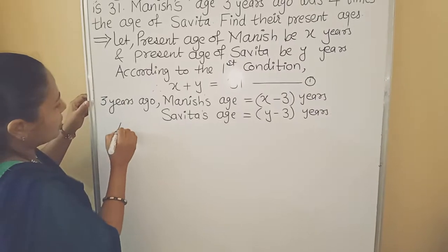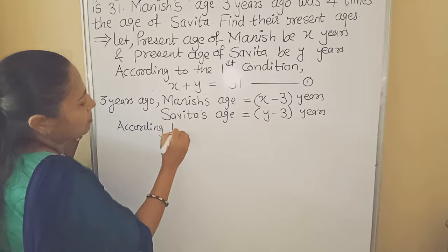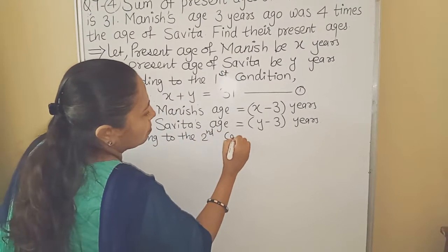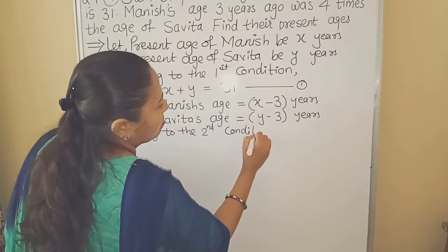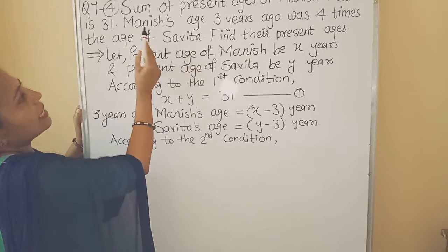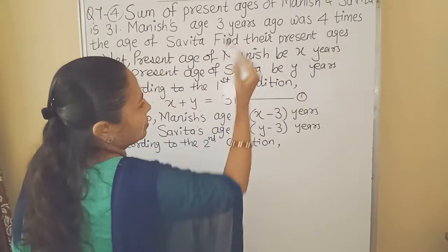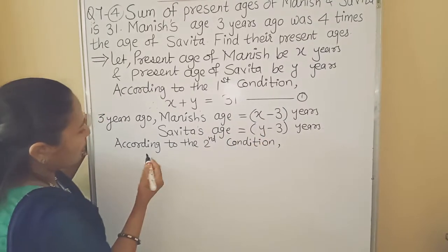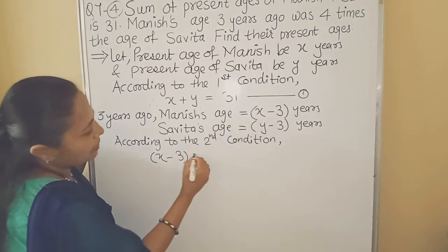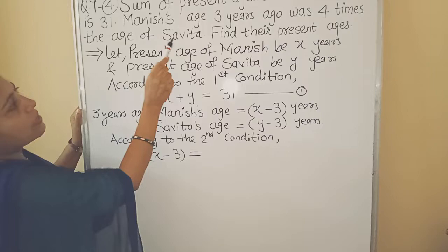Now according to the second condition, Manish's age 3 years ago, X minus 3, is equal to 4 times the age of Savita.